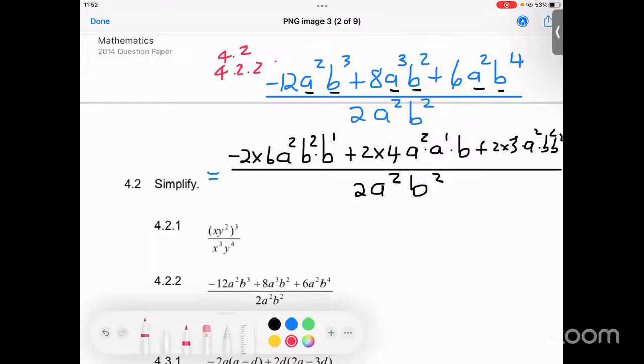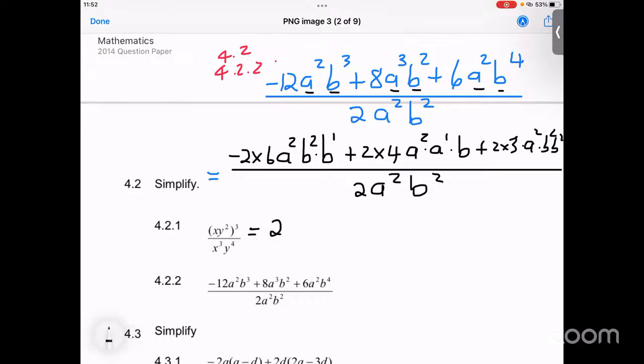So now let's start to take out the common factors. I believe you will agree with me when I say you see that 2 can be taken out as a common factor because it is there, it is there, it is there. What else? The a squared, because it is there, it is there, it is there. So that means I can also take out that a squared to the outside.